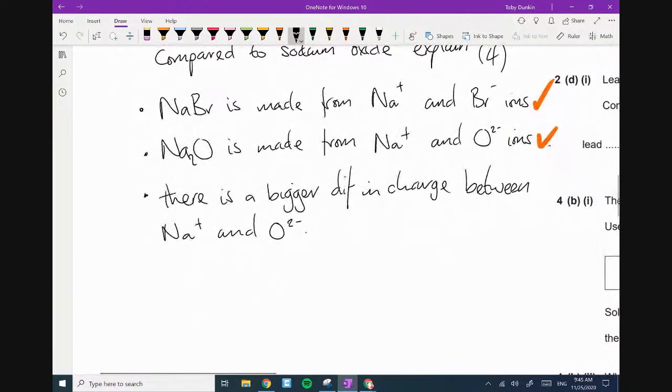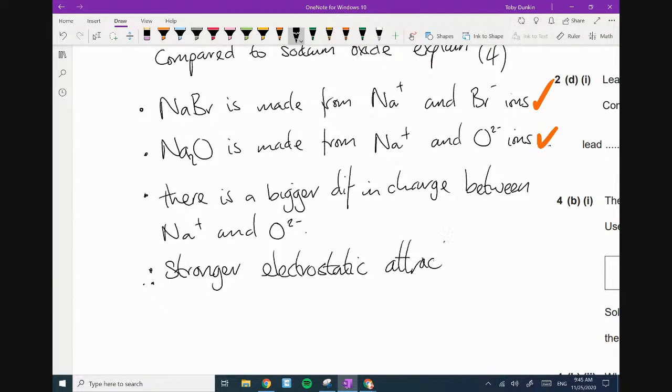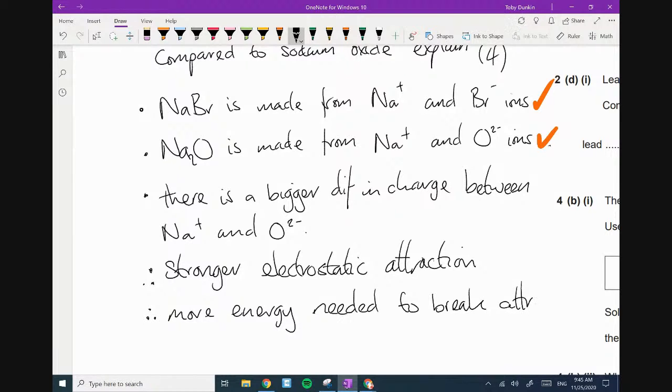Stronger. Therefore, stronger electrostatic attraction. Therefore, more energy needed to break attractions. I'm sticking with attractions rather than bonds. Attractions in Na2O. There we go.